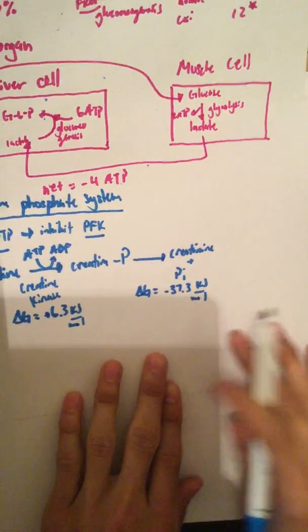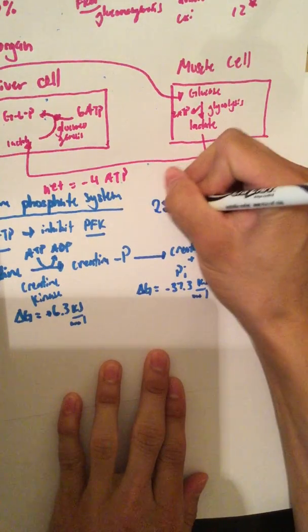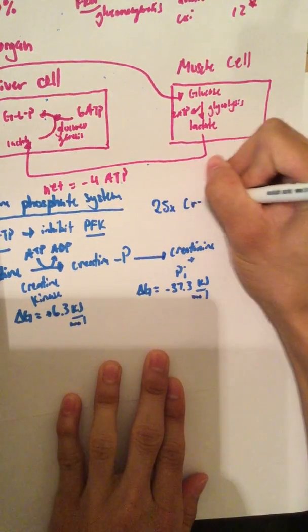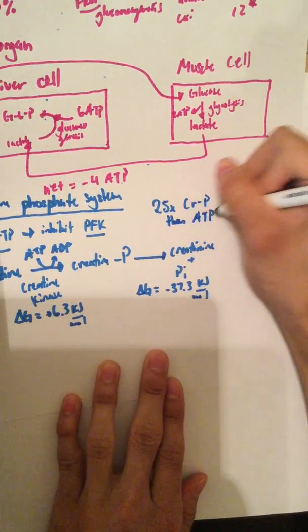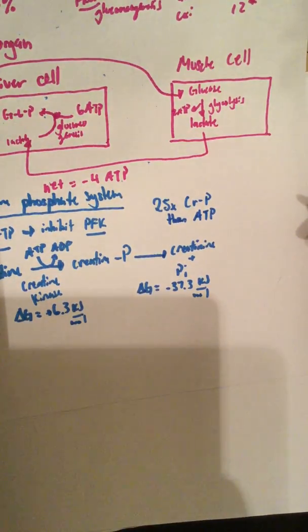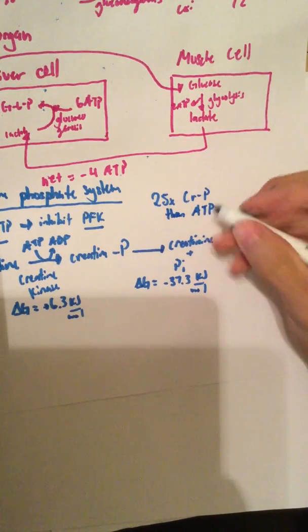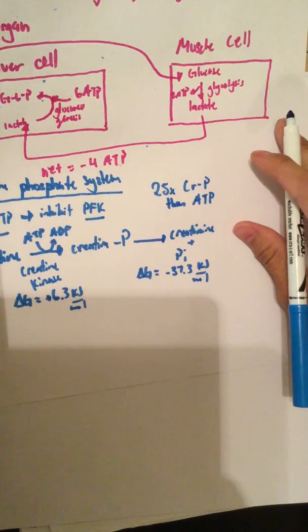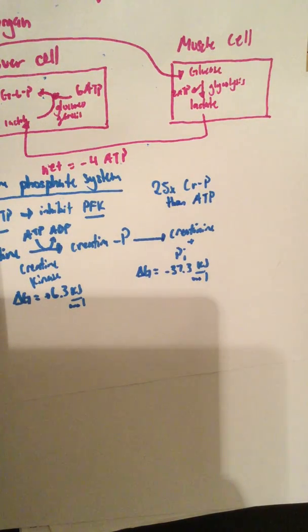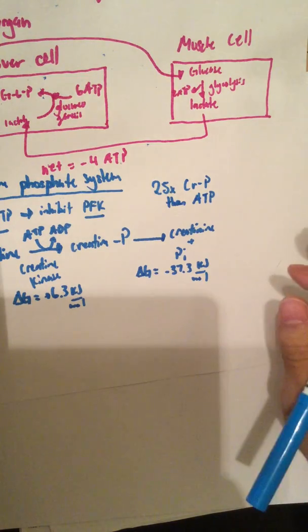It helps to know we're going to have about 25 times more creatine phosphate than ATP. Once we get to creatinine, this is not useful to our cell. We're going to export it into the blood, and it'll be excreted by the kidneys.